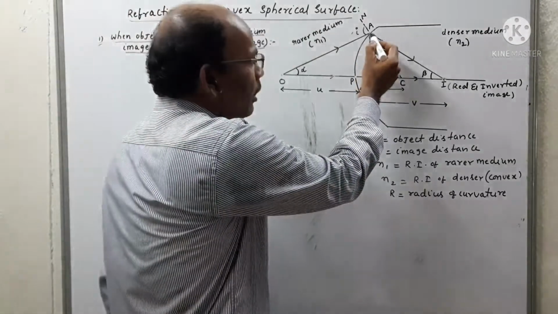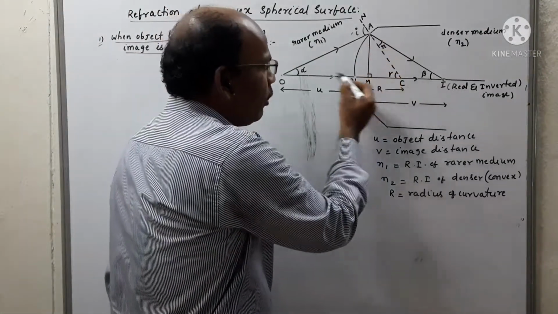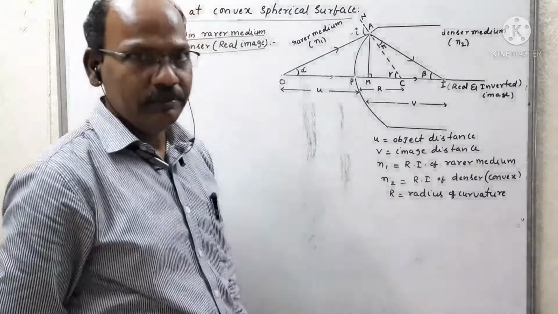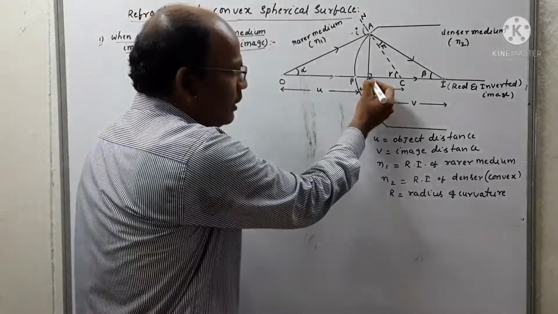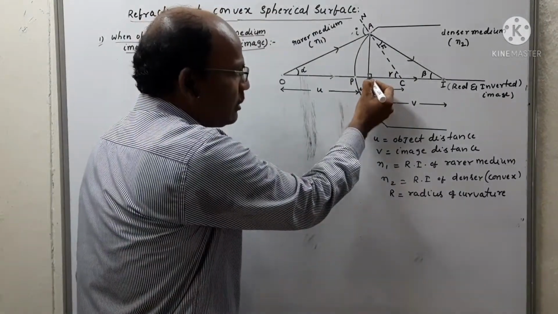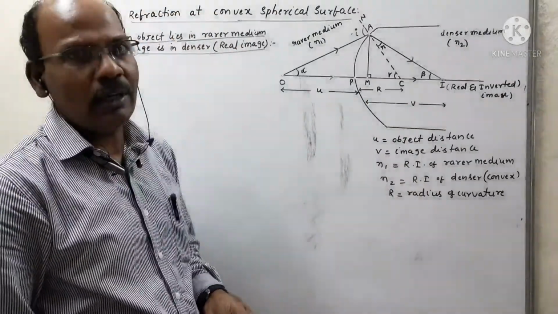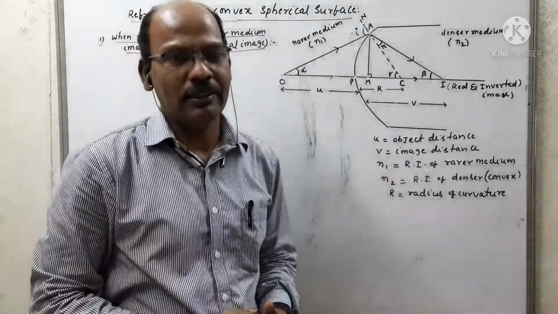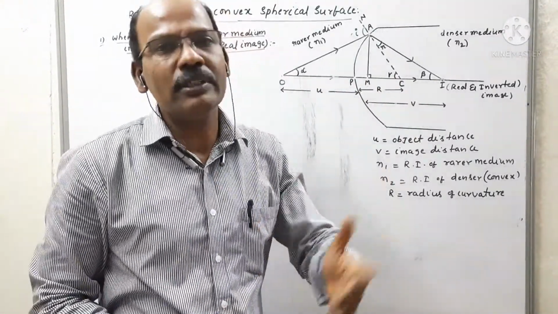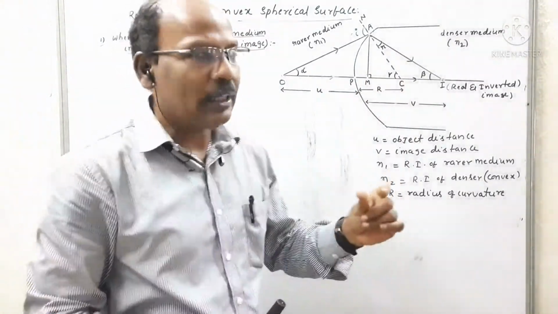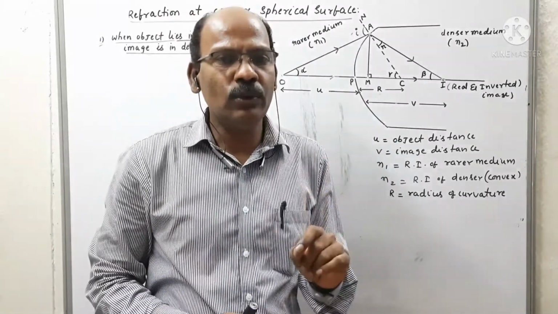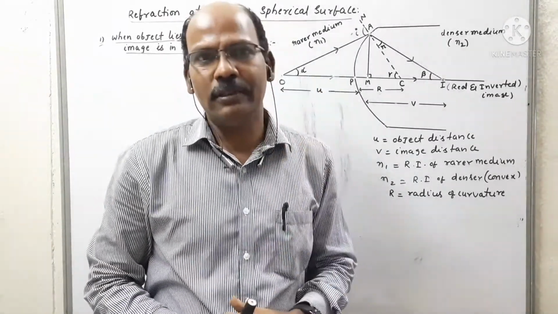If you draw a normal from point A to the principal axis, the point of intersection on the principal axis is represented as M. So AM is the normal drawn to the principal axis. Already we said in previous classes that we consider refraction through thin lenses.